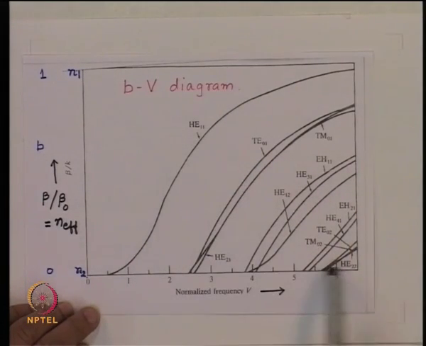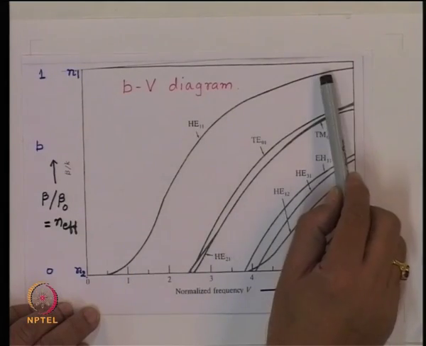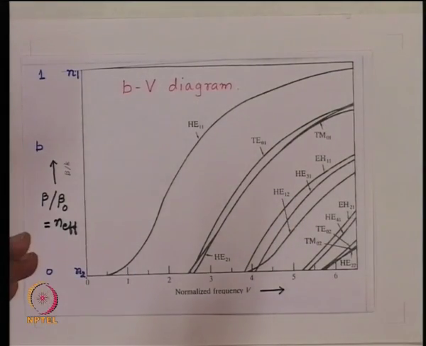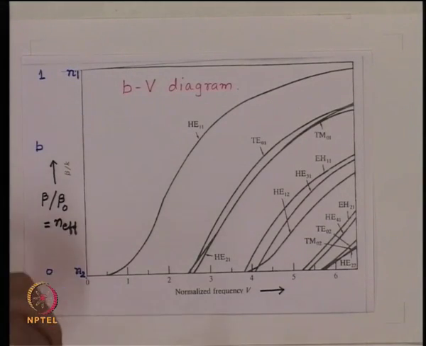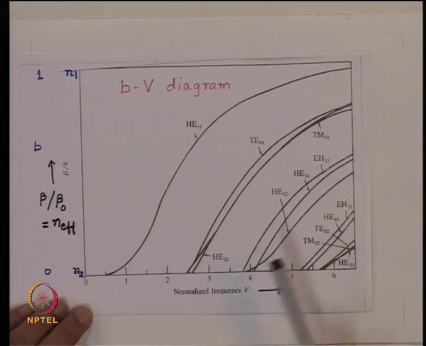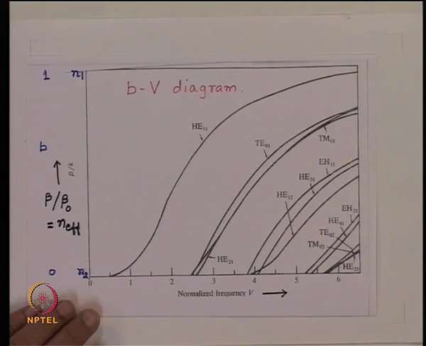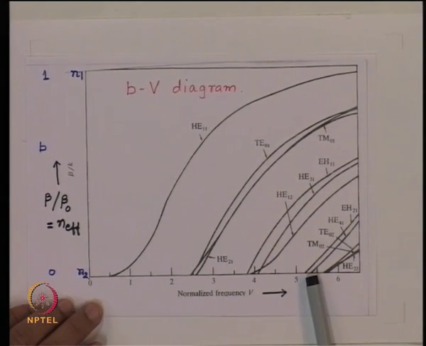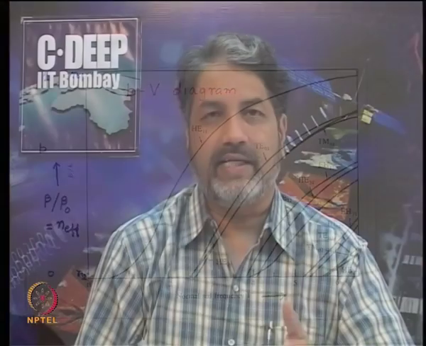So, by increasing the V number, yes, for HE11 mode, we can make a good confinement of the energy inside the core, but at the same time, other modes propagate inside the fiber, and these modes may not have N effective which is very close to N2. So, choosing a high V number does not help us, because firstly it gives us a large number of modes propagating, which gives more dispersion, and the energy which is going to be put inside the optical fiber gets divided into different modes.